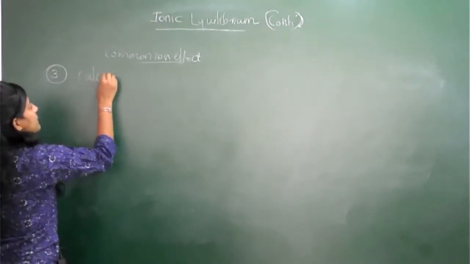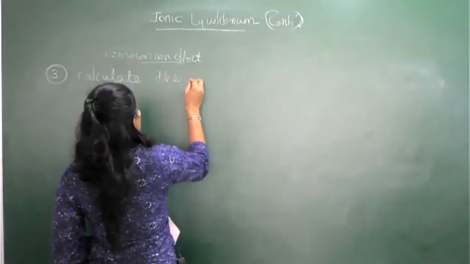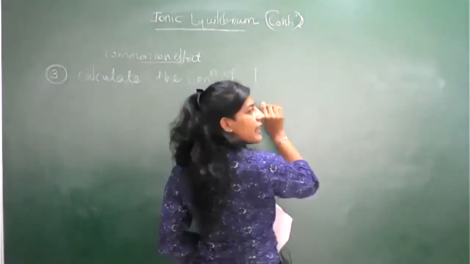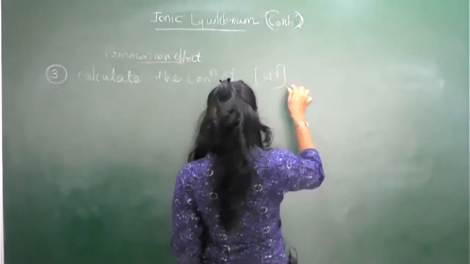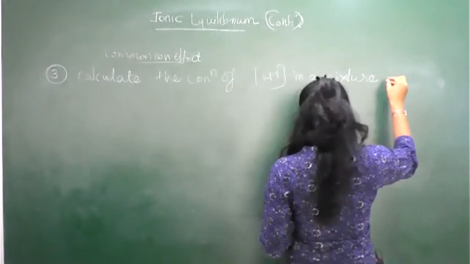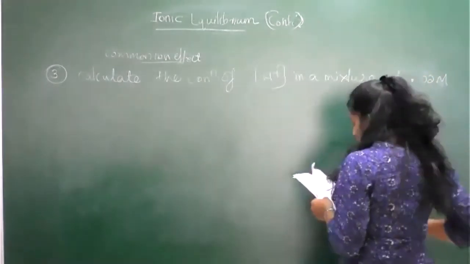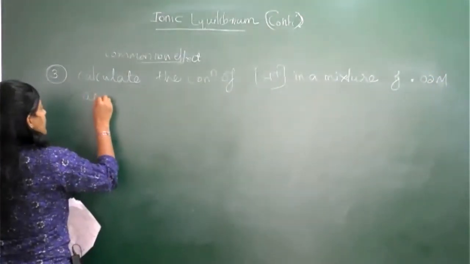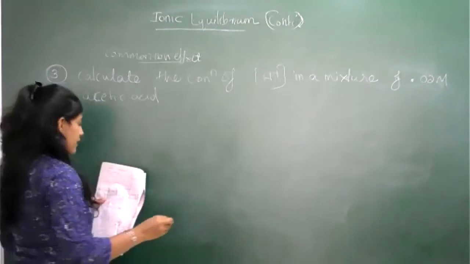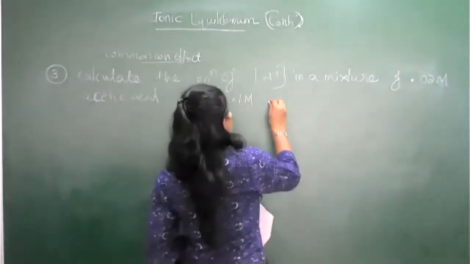Calculate the concentration of H plus ion in a mixture of 0.02 molar acetic acid and 0.1 molar sodium acetate.